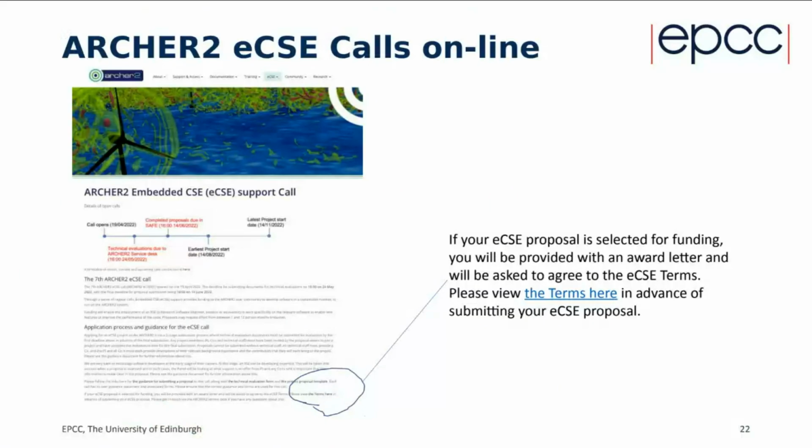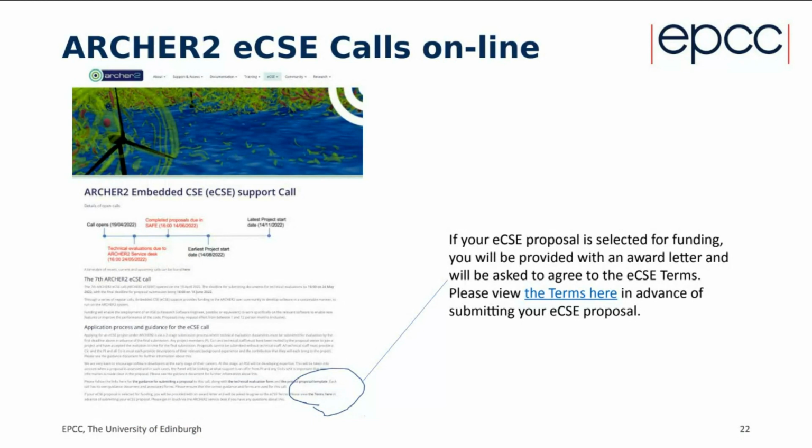First of all, the thing to do is to take a look at the ARCHER2 website if you're interested in applying. If you go to the eCSE calls page, you should see something that looks a bit like that. And do have a good read through that. One thing I would advise you to look at in advance is that if you look in the second section there, you'll see a link to the terms document.